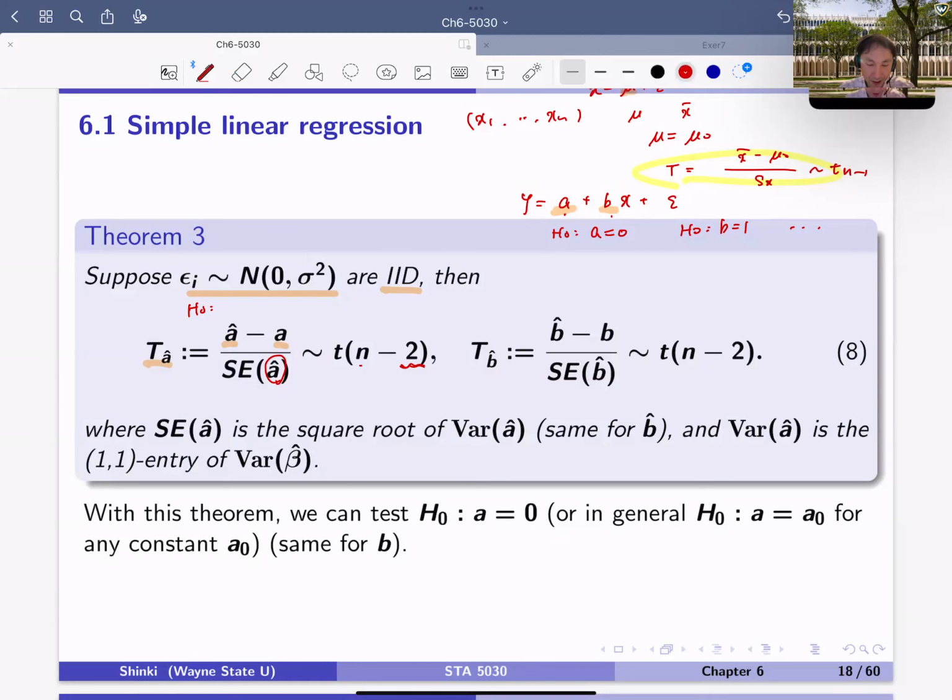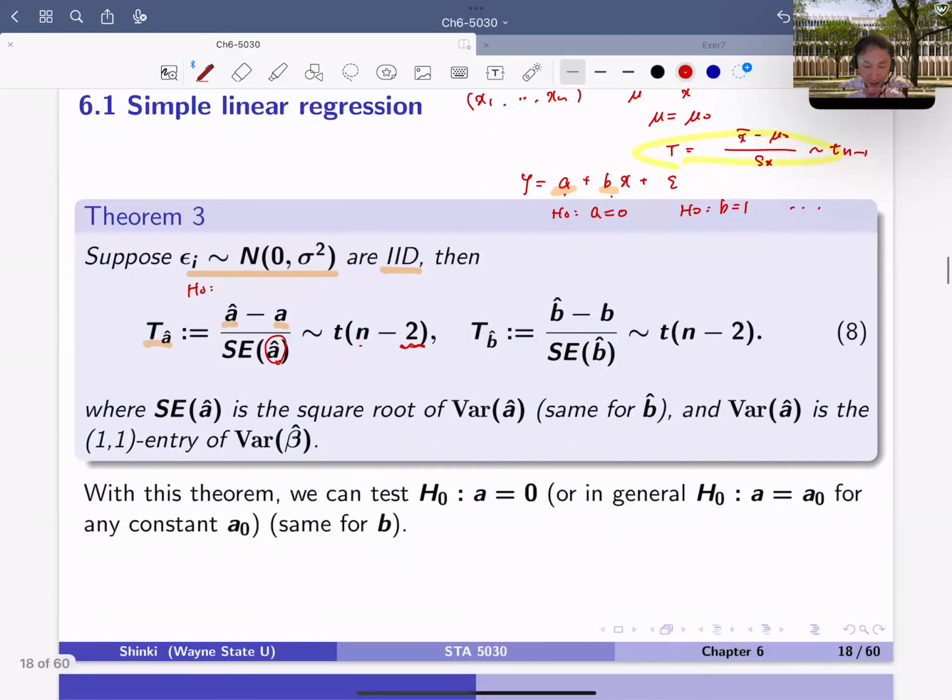So standard error is a special case of standard deviation. And a hat minus a over the standard error of a hat follows the t-distribution. So if this quantity is large enough in absolute value, we conclude that the true parameter is not equal to a.